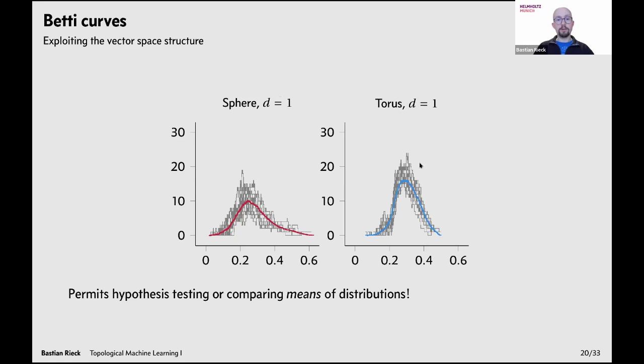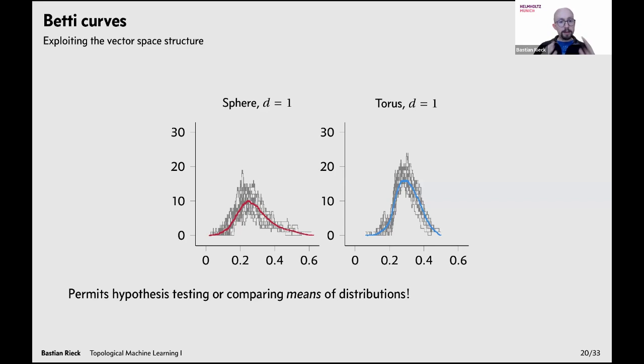And here we do it for a torus. You can already see, not super surprisingly, but still kind of nice, that these mean shapes are very different, and you can use those to, for instance, compare two distributions of data sets. Notice that this does not easily work with persistence diagrams.